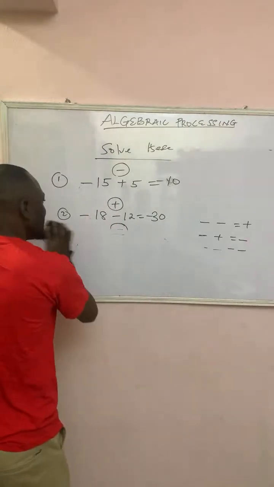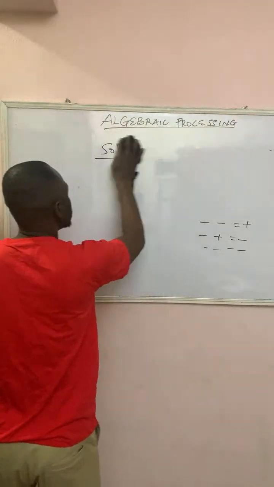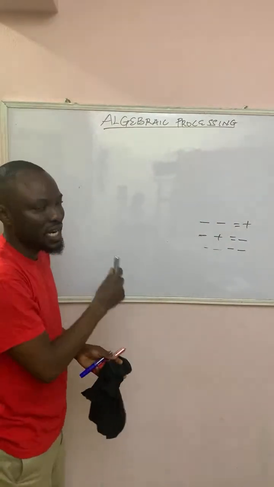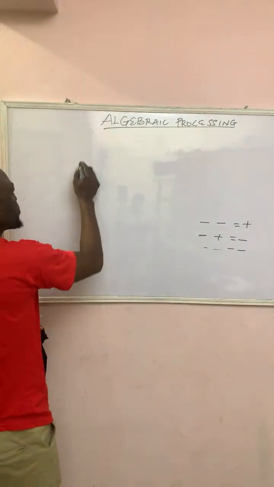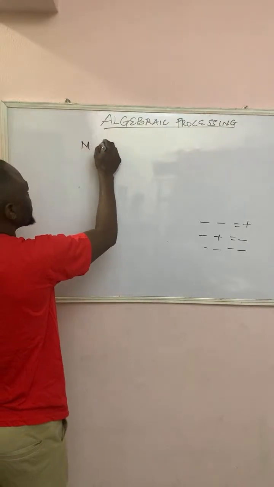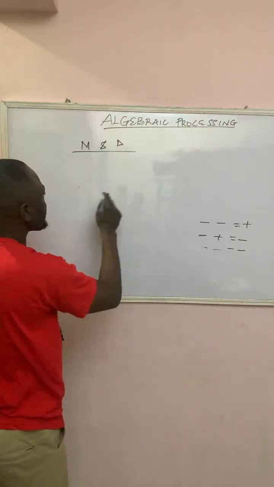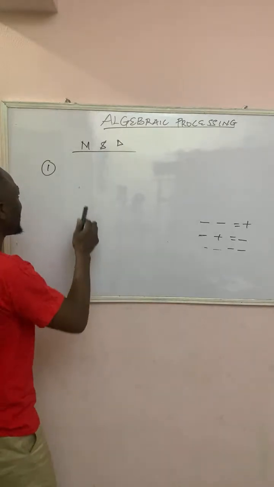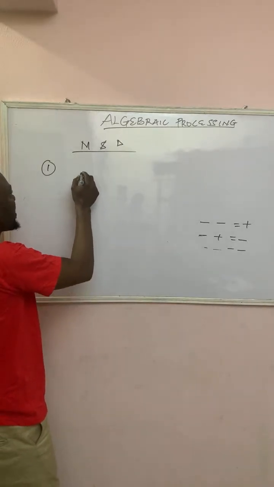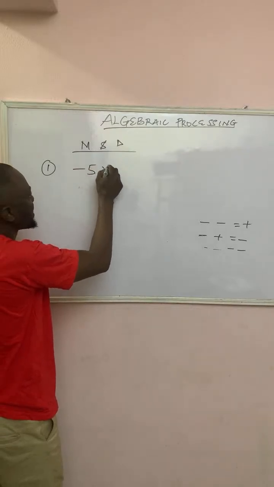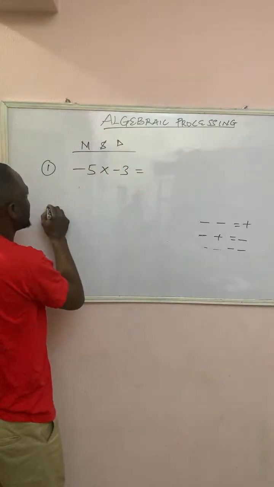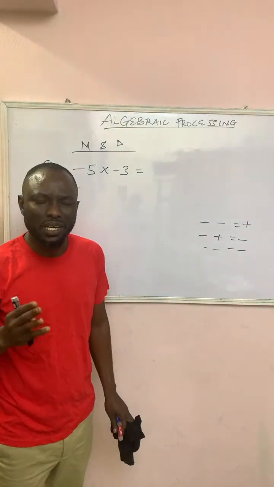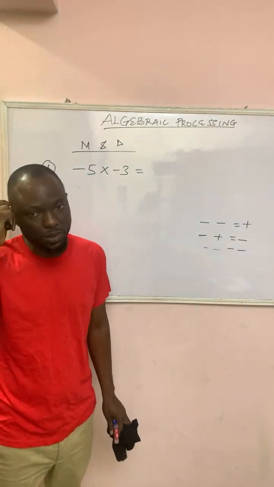Now let's see how we can apply this in solving problems. Now this is for addition. Let's quickly see the rules for multiplication and division. If I have the first example, minus 5 times minus 3, the rules for multiplication and division are quite different from addition and subtraction.